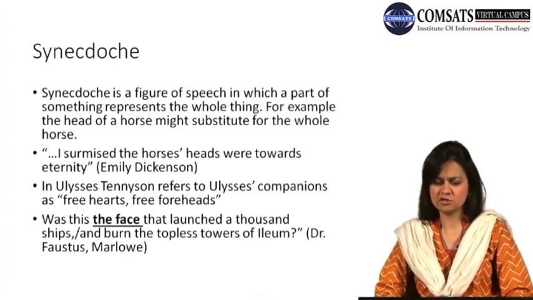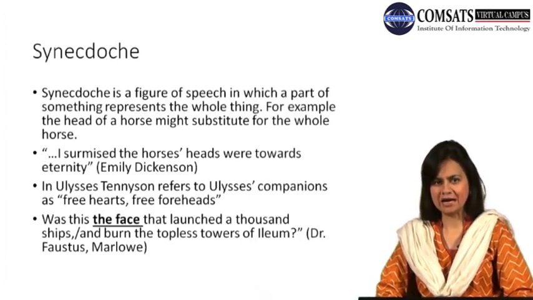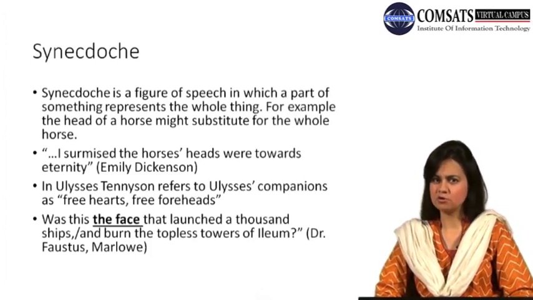In another poem, Ulysses by Tennyson, Tennyson refers to Ulysses' companions as "free hearts and free foreheads." Now, instead of saying the companions or the soldiers or the disciples, he refers to free heads and free hearts, which is again a part-whole relationship.